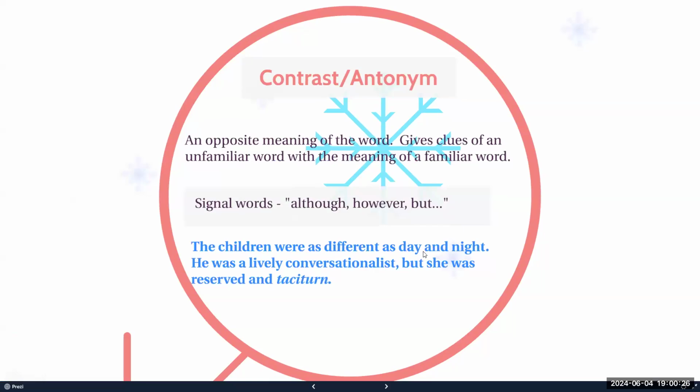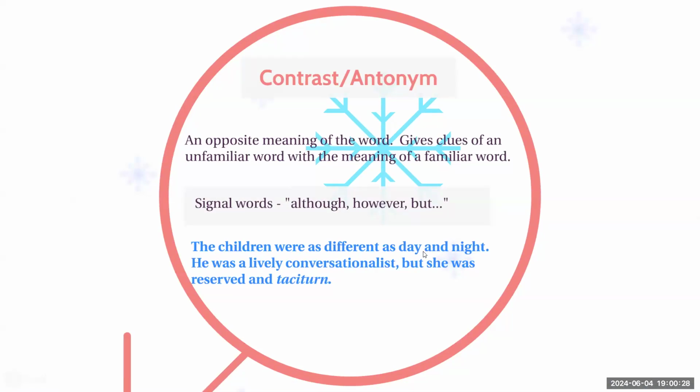The next one we have is context clues, or these are the antonyms. This is the opposite of what that word means, okay? It is contrary. It is the opposite of the word that you don't know. So for example, the way you would know these words is when you have things like although, however, but.